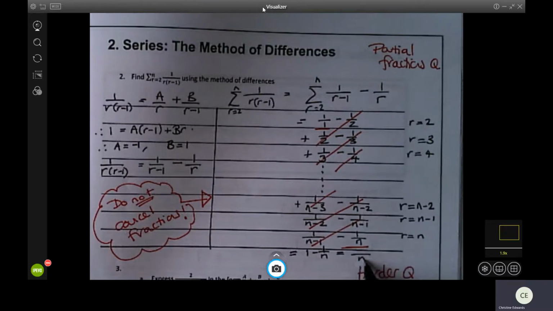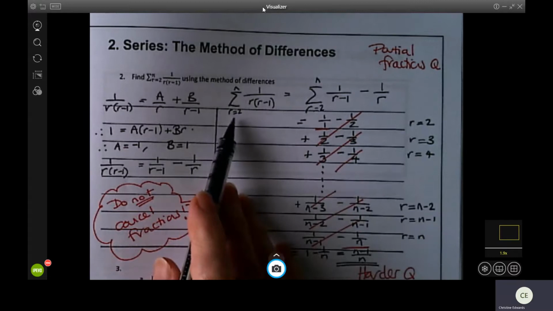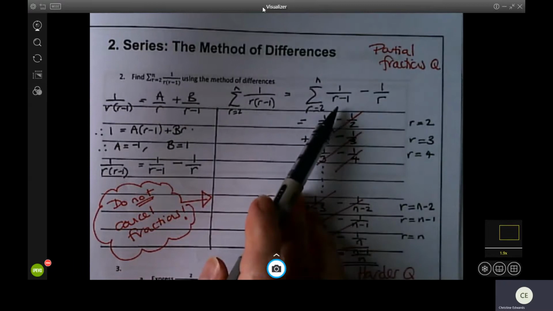And over a common denominator, we can make that n minus 1 over n. So that gives me my final answer. One thing to note, they've started the sum at r equals 2, because if I sub in here with r equals 1, I obviously generate an undefined term.